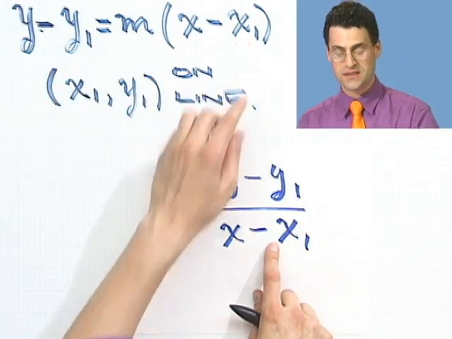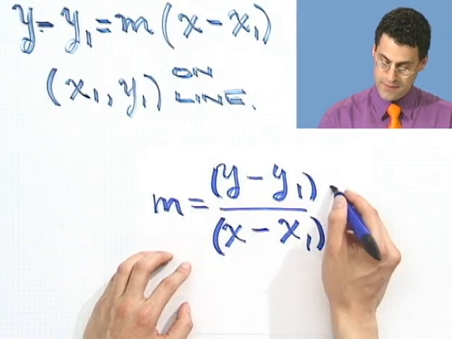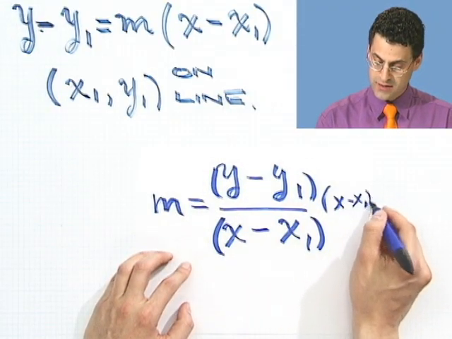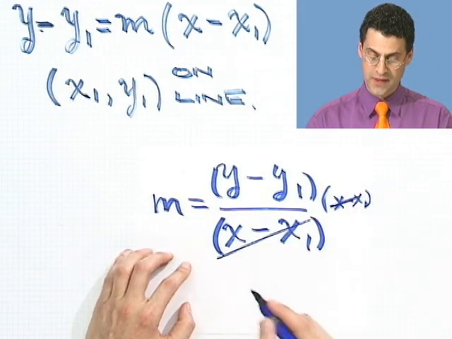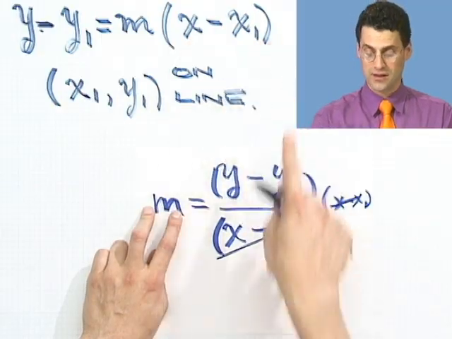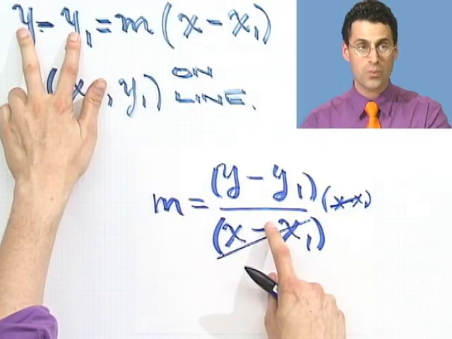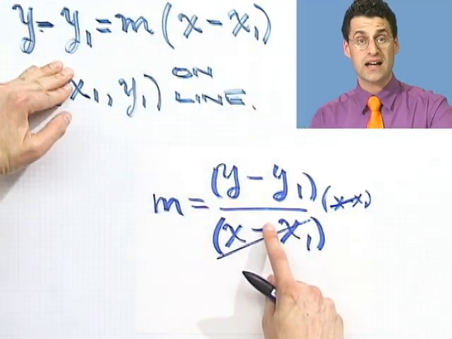You see exactly this. Because when I multiply this side by x minus x1, they cancel. And when I multiply this side by x minus x1, I get this. So in fact, this just comes from literally the very definition of slope. There's nothing to remember here. Just remember that slope equals the change in y divided by the change in x.